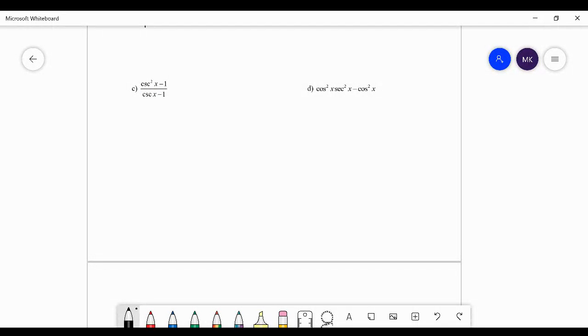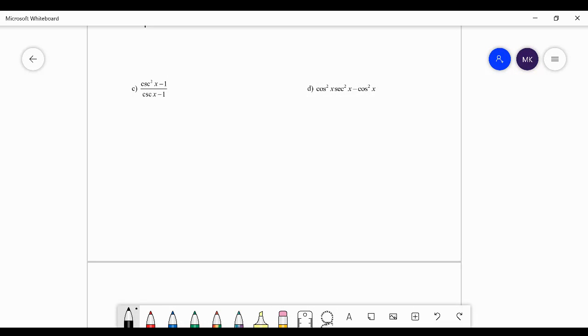Cosecant squared x minus 1, divided by cosecant x minus 1. What's really cool here is I don't need to use any trig identities to simplify this first. What I'm going to use is that in the numerator we have a squared piece and we have subtraction. Anytime we have squared and subtraction, we should think to ourselves, is this a difference of squares?